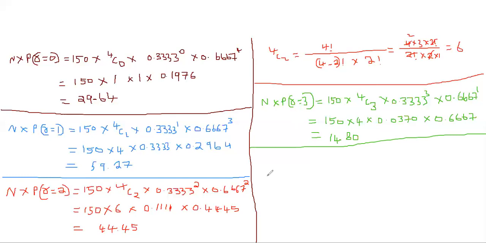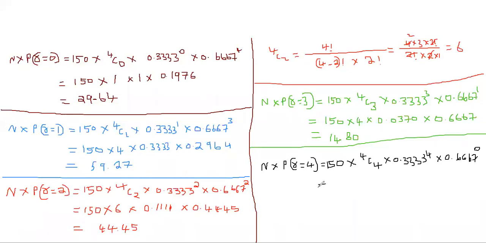Let us do it in black. n into P of r is equal to 4 is equal to 150 into 4C4 into 0.3333 raised to the power of 4 into 0.6667 raised to the power of 0.